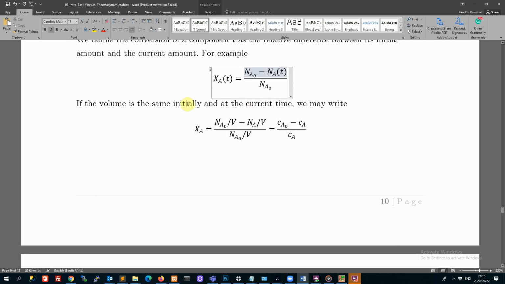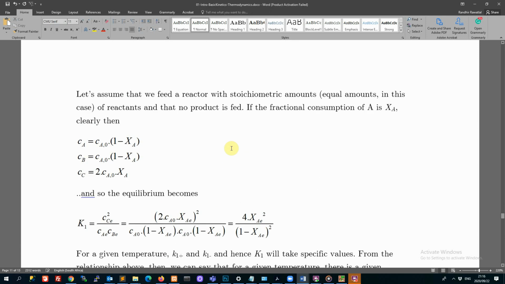And then if the volume is the same initially as at the current time, we could just divide everything by V. Dividing top and bottom by V, we recognize this is the concentration of A initially, CA naught, and this is the concentration of A at the current time t, CA, and then down here is the concentration initially as well, so this should be CA naught.